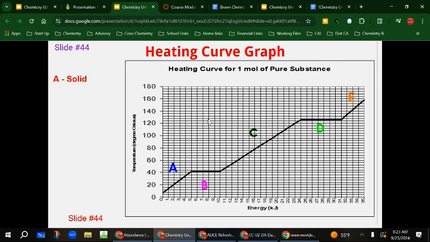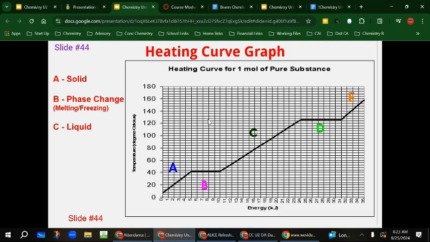So what's happening at area B between when it's a solid and when it's a liquid? What has to happen for a solid to become a liquid? Has to melt. So in area B, there's a phase change going on. Melting, going from a solid to a liquid. Area C is where it is a liquid.